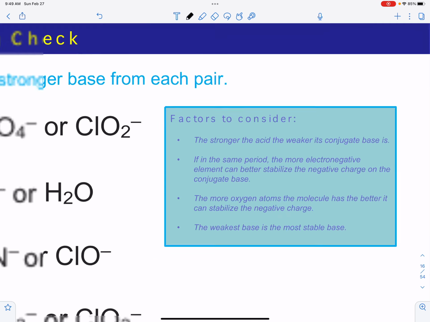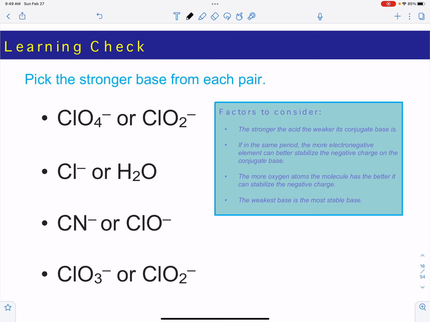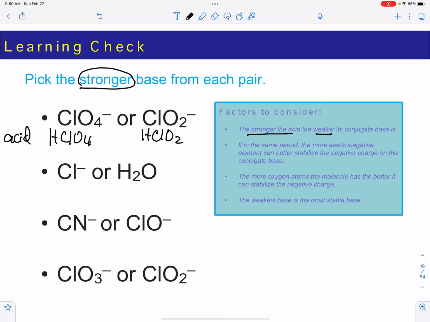So let's start with that. Let's go ahead and write the conjugate acid. The conjugate acid of this is going to be HClO. The conjugate acid of this is HClO2. The stronger the acid, so these are the acids, the weaker the base. We're looking for the stronger base. This is one of the strong acids.